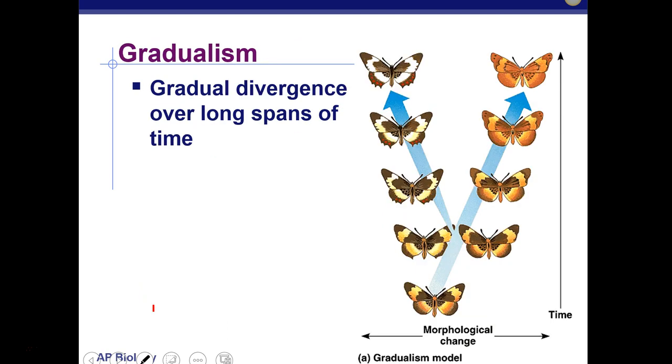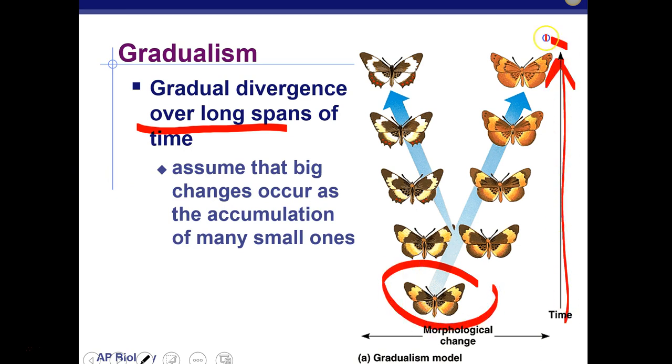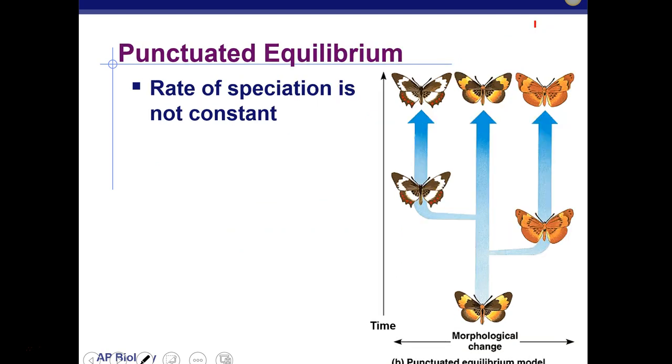Gradualism, well, what do you know, it's gradual. And this one, if we go a long time, is going to be a lot different than that one, changing over time.